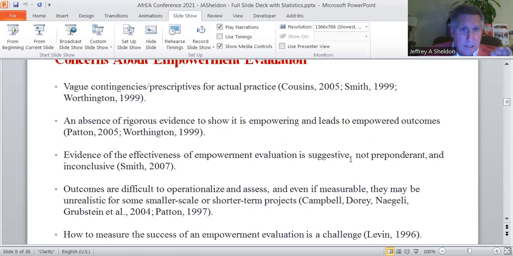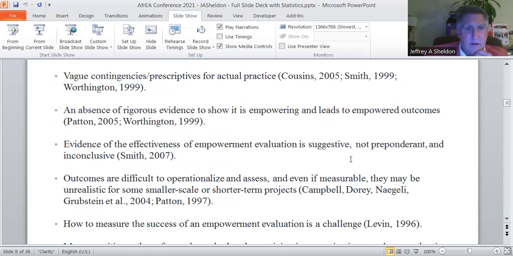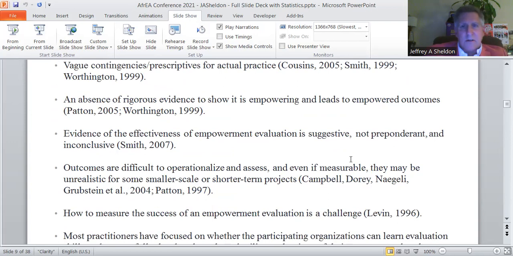Okay, so what are the concerns about empowerment evaluation? Even though there are three models, and activities, if you want to call it that, embedded within those models, there isn't really a prescriptive that says how you actually do this.